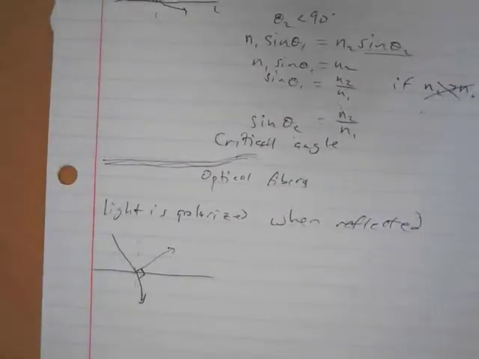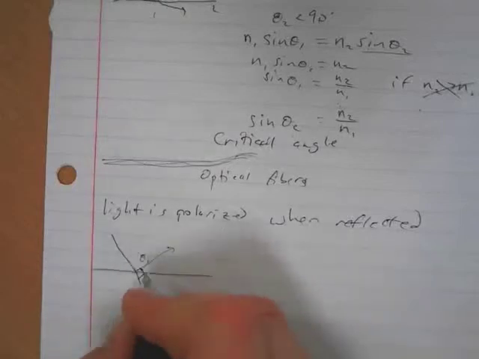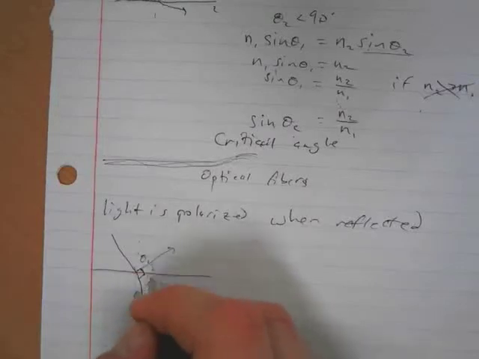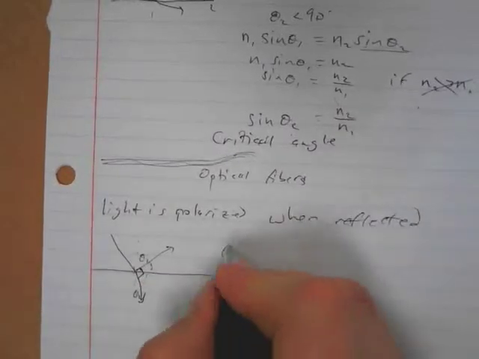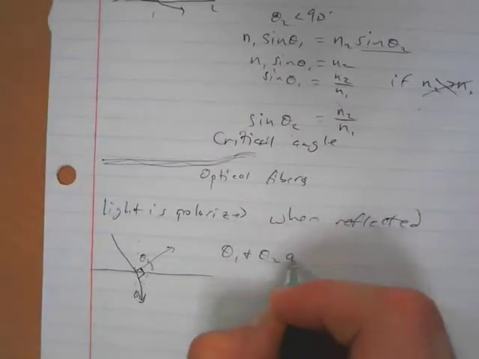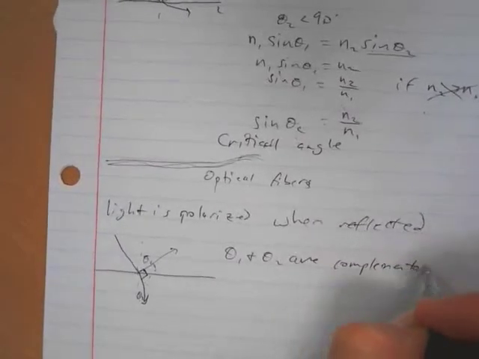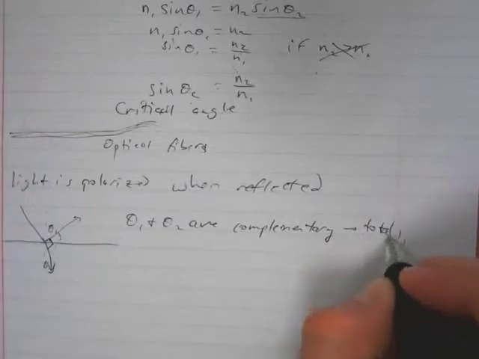The special angle for which polarization is complete is when this right here is a right angle. This is our theta 1, this is our theta 2. This angle is complementary to theta 2, this angle is complementary to theta 1, and they're complementary to each other, so that means that theta 1 and theta 2 are complementary. If theta 1 and theta 2 are complementary, we get total polarization.